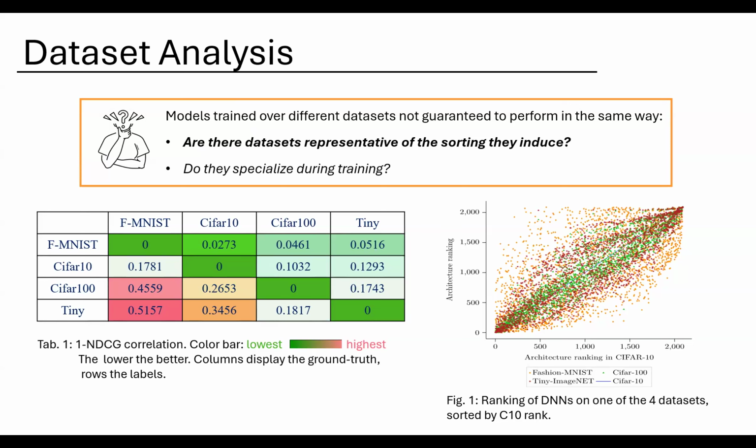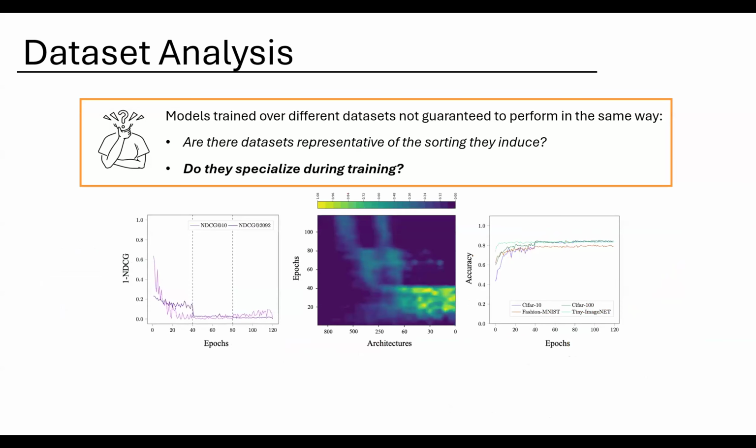The second message from the plot is instead, if you employ the ranking of Fashion-MNIST architectures, you go out of distribution, which justifies the need for benchmarks that involve also architectures trained on different datasets.